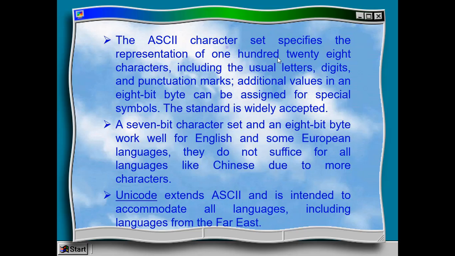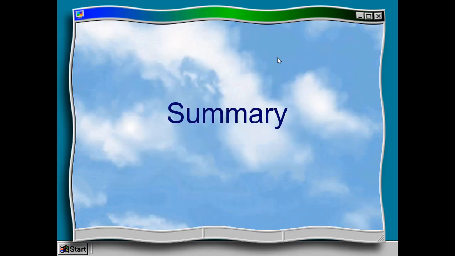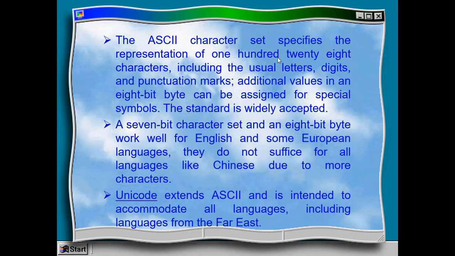Although a 7-bit and 8-bit character set work well for English, some people from the Far East were disadvantaged, and that's why we had the introduction of Unicode, which really helped the people from the Far East with their larger representation.